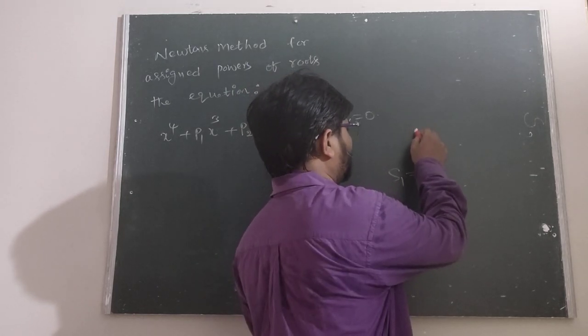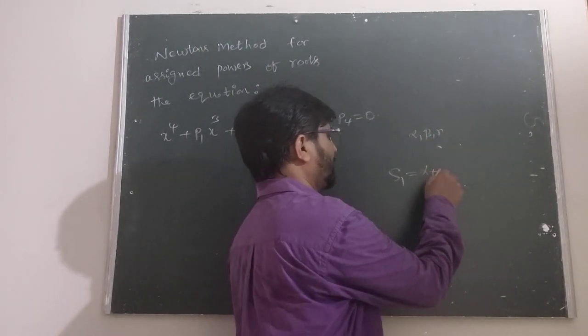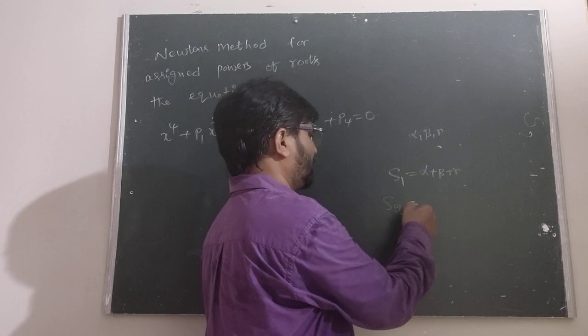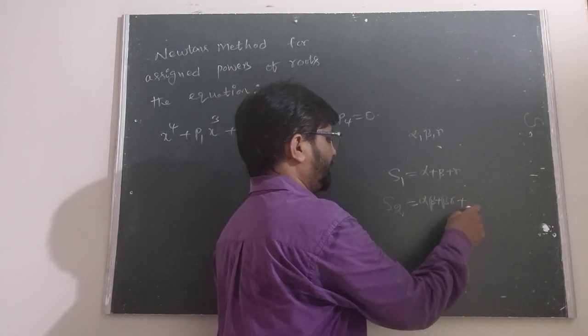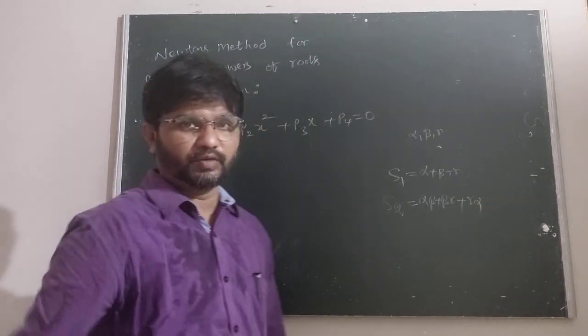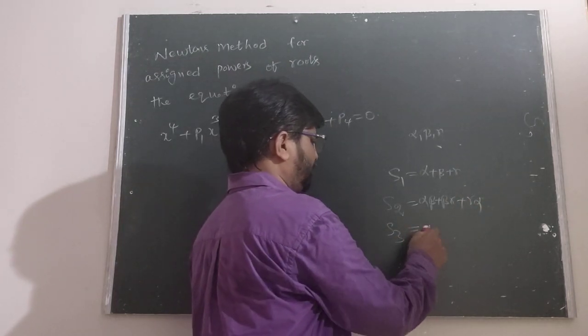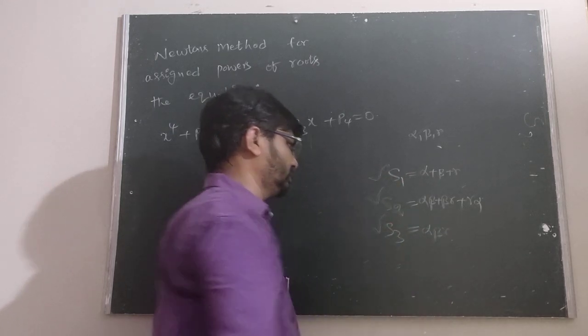Suppose for a cubic equation with roots alpha, beta, gamma, S1 means alpha plus beta plus gamma, S2 means the sum of the product of the roots taken two at a time, alpha beta, beta gamma, gamma alpha. But S3 is alpha beta gamma. This is S1, this is S2, this is S3.